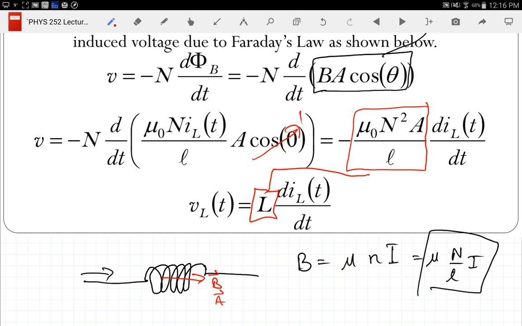So the inductance is relating the voltage difference across a coil of wires to the rate at which current is changing. If the current was constant, what would the voltage difference be across a coil of wires with zero resistance? 0. Because if it was DC, you would just have V equals IR.